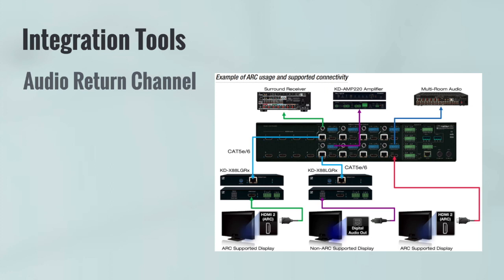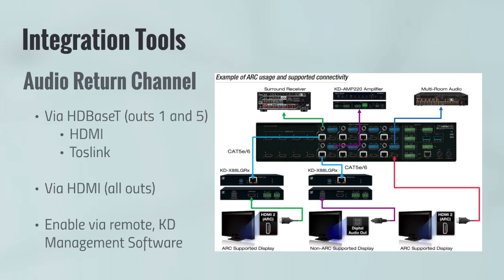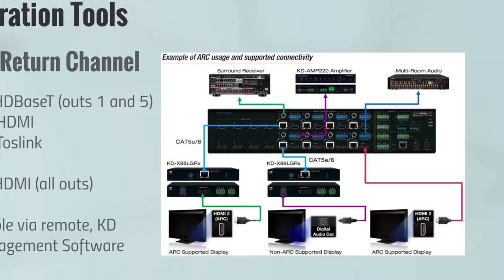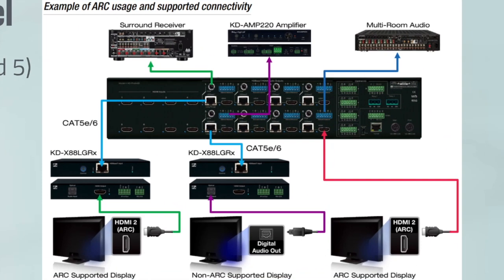KD-Pro8x8D supports audio return channel over all 8 output ports, but it is different on 2 of the ports. So let's take a look at the blue wires where we have ARC supported over HD-BaseT. We see the X88 LGRX extenders that are specifically connected to output 1 and 5, the long range ports.